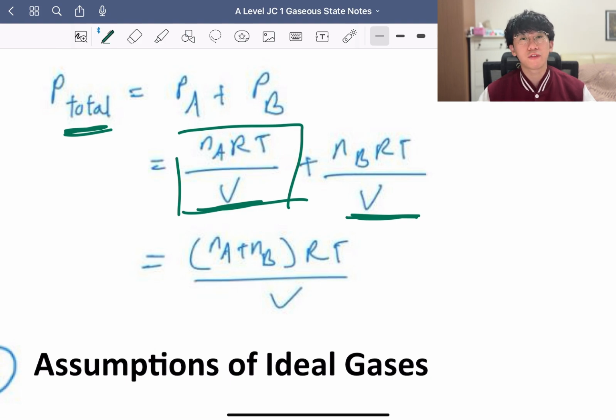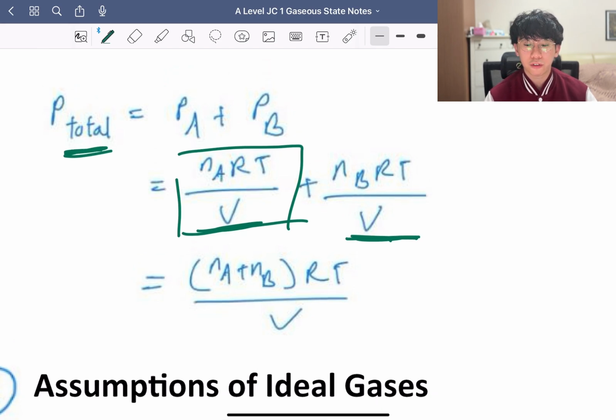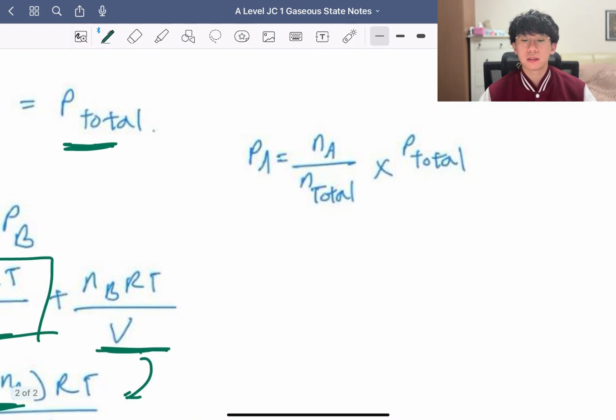Now, since the only difference is the n, which is the moles of that particular gas, you can summarize the equation into the final one over here. And realize that partial pressure is really just determined by the moles of each gas within the system. So if we come over here, the conclusion is that partial pressure is determined by the molar fraction.